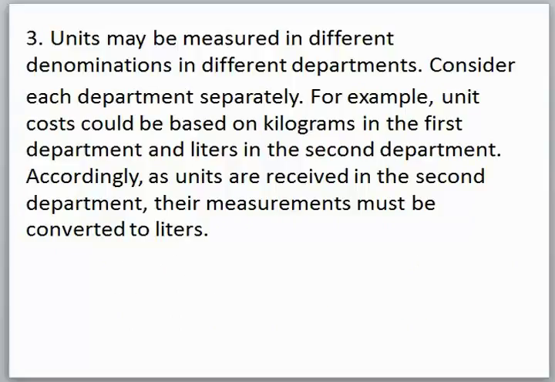Number 3, units may be measured in different denominations in different departments. Consider each department separately. For example, unit costs could be based on kilograms in the first department and liters in the second department. Accordingly, as units are received in the second department, their measurements must be converted to liters.